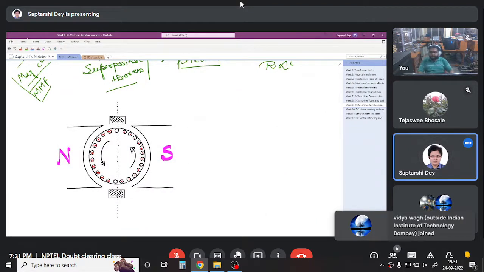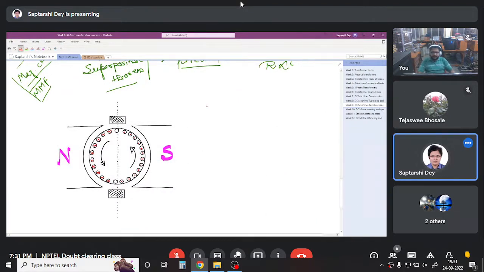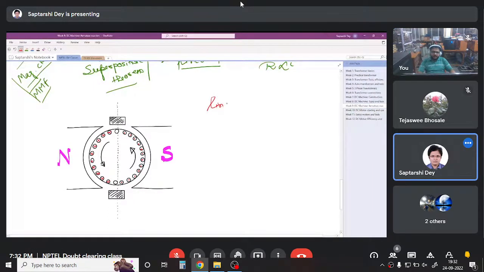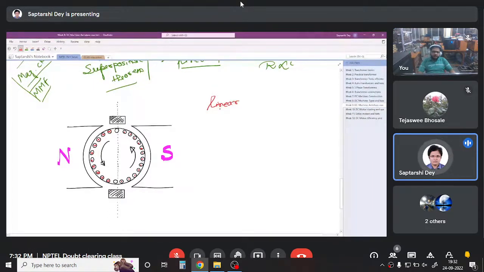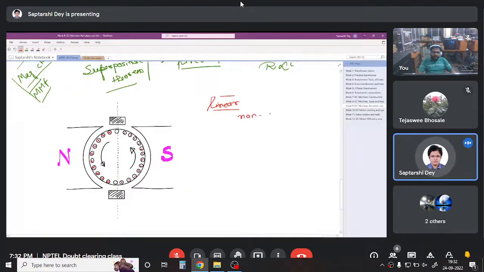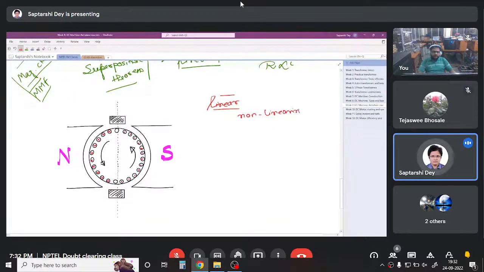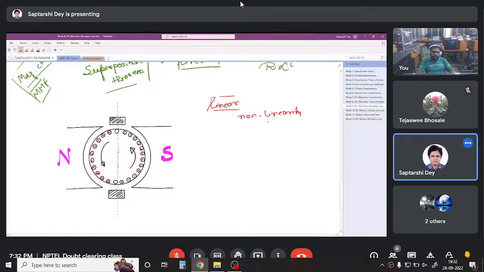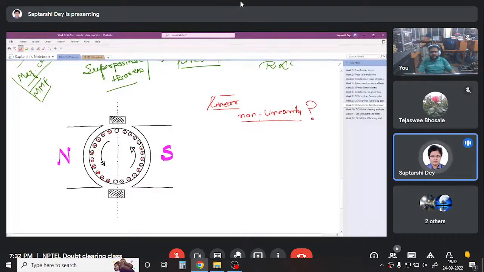As I said, the system must be linear. But the question is, where will non-linearity creep into a machine? Any idea? Can anyone guess? Or in any magnetic circuit, what is the source of non-linearity?